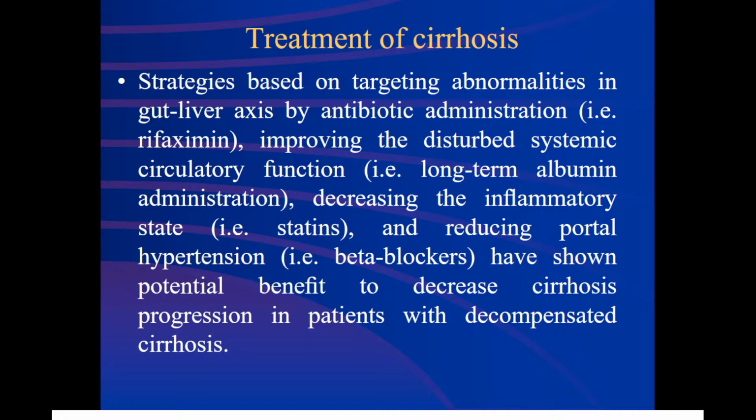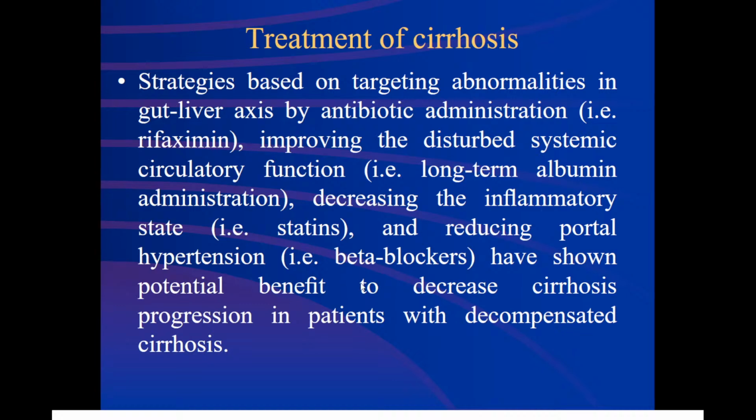You shouldn't forget about these drugs, statins and beta blockers, which are helpful for both cases. And even in patients with isolated liver disease and liver cirrhosis, statins and beta blockers are commonly recommended.